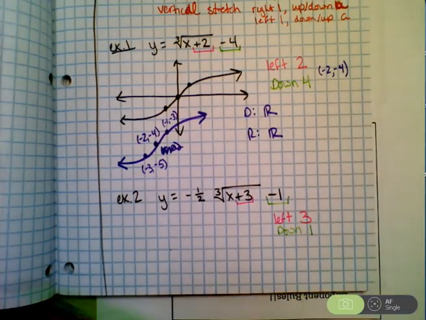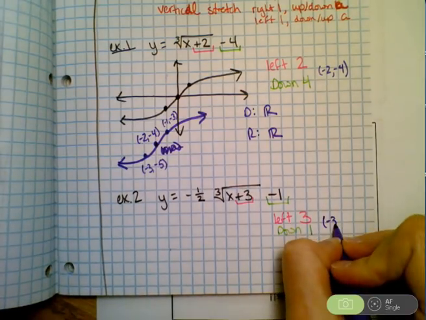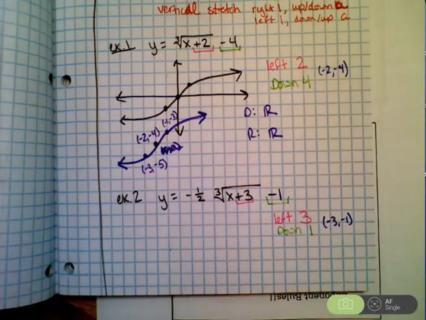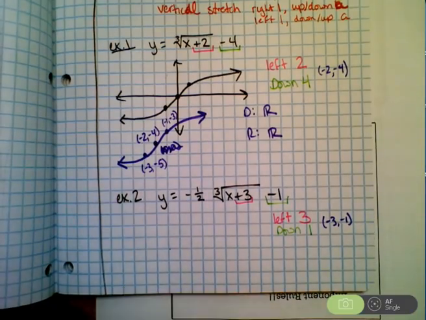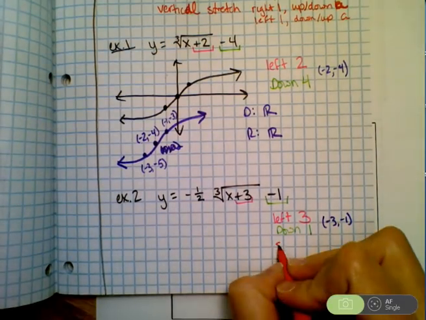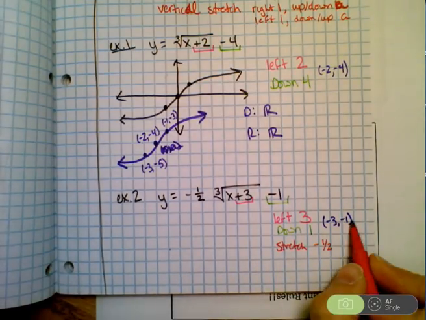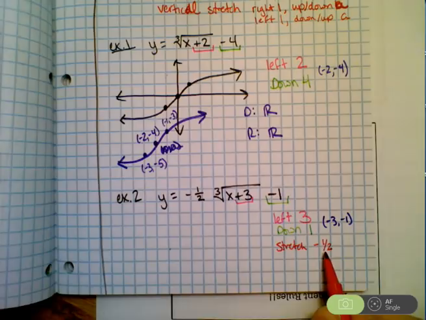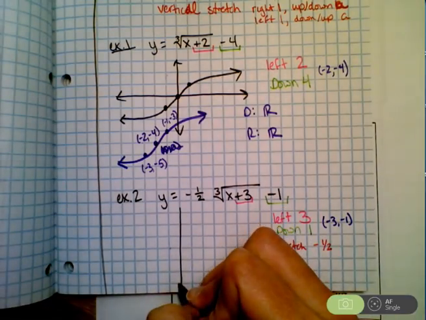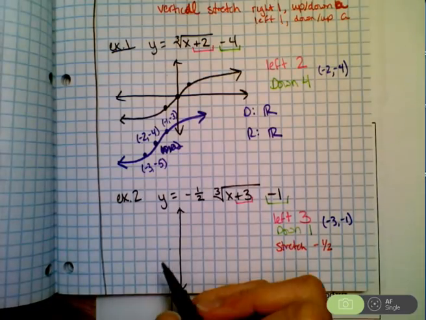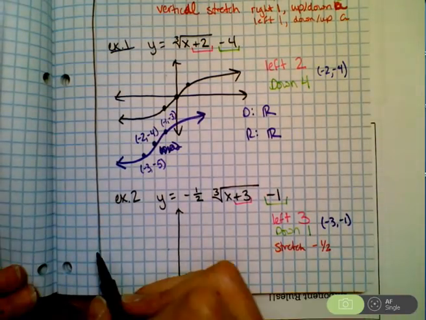So from that, you might already see that your center point is going to now be at negative 3, negative 1, that center reference point. And then our stretch in this one is negative 1/2, which means that from this center point, I'm going to go right 1 and down 1/2. And I forgot to draw in the original function, so let me do that quickly so that we can see where this ends up.